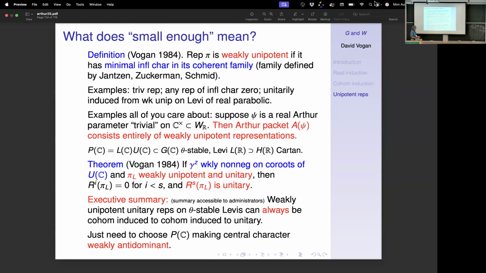Okay, so I wanted to go on and say in more detail how you construct Arthur packets, but I think I've given hints.